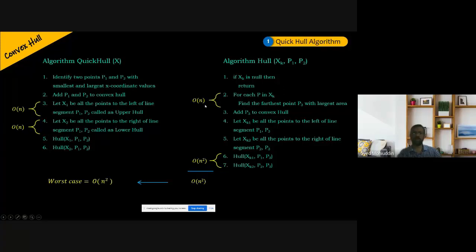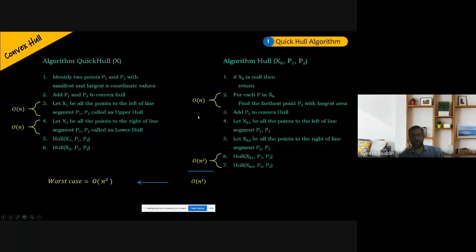That also takes n time. But recursively, when we call hull, this part will give us a complexity of n square, because it's just like two for loops recursively trying to solve the same problem. So here, we have O of n square.